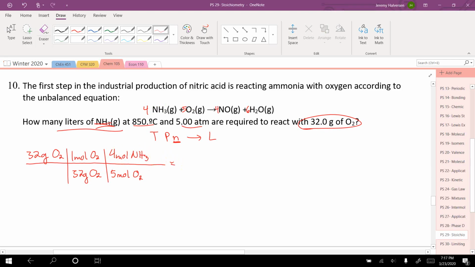So just as we could convert from one reactant to a product, I could also convert between 2 reactants, and it tells me how much reactant I need to totally react the other reactant. In this case, how much NH3 do I need to totally react 32 grams of oxygen?